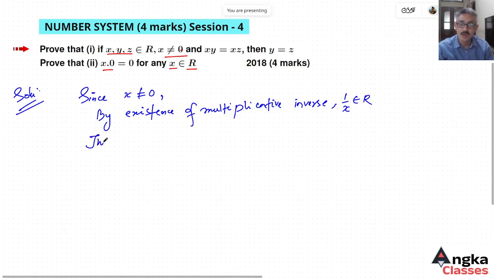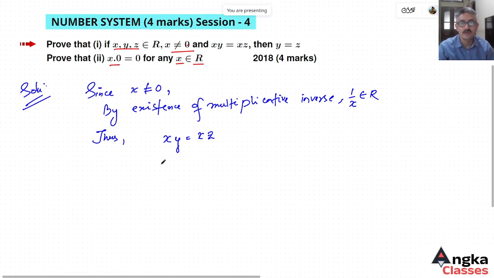Now the question has x into y is equal to x into z. Multiply the equation by 1 by x, so left hand side 1 by x multiplied with x into y, and right hand side 1 by x multiplied with x into z.